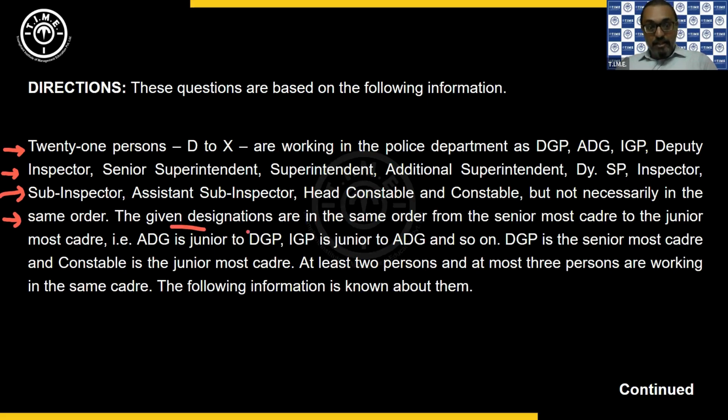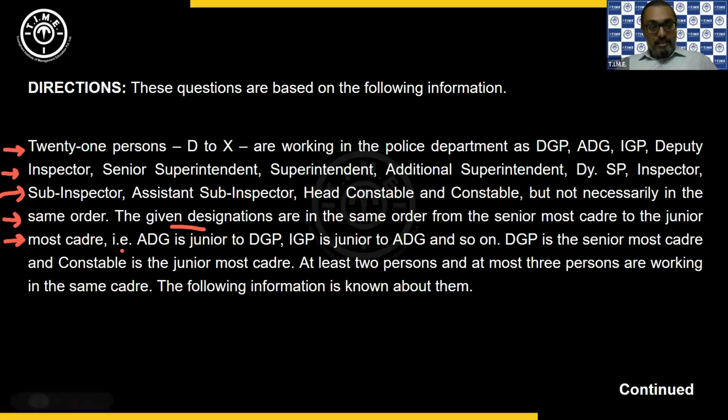And it says the given designations are in the same order from the senior most cadre to the junior most cadre. That is a hint we have to understand, because usually when designations are given, this sort of information will be given to you. So when the designations are given, it is always best to fix the designations in the given order. DGP is the senior most and constable is the junior most.